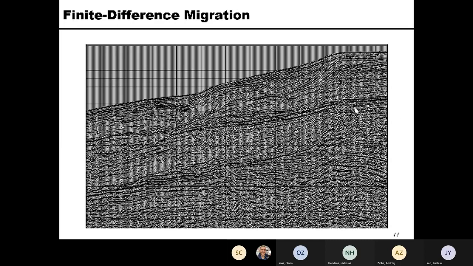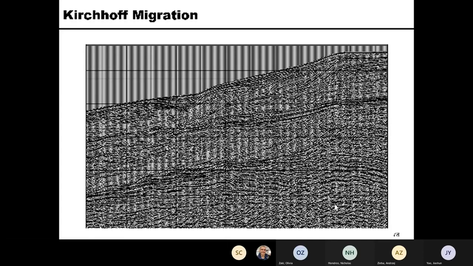But in terms of signal to noise ratio, that's good, right? You do not have the so-called over migration that you see in Kirchhoff migration. Here you can see you have a very nice signal to noise ratio. Compared to finite difference, the advantage of Kirchhoff migration is that you can see this fault clearly because Kirchhoff migration can migrate up to 90 degrees, even over 90.